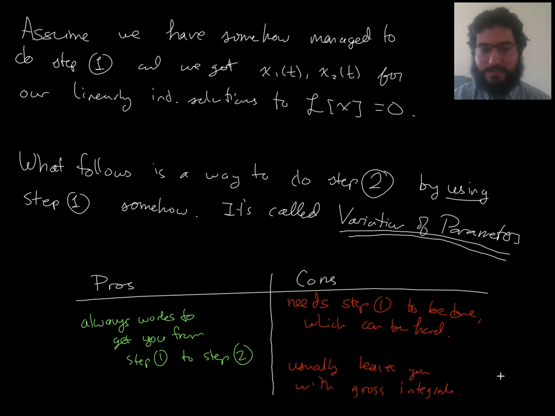Maybe you love integrals, but usually it'll give you an integral that you just have to keep in the form of an integral. So your final answer will just be the integral of this function, whatever it is. I don't know of any simpler way to write it. So that's usually where you end up, which is sometimes unsatisfying, but also sometimes perfectly fine, and definitely good, right? It's at least getting you to a solution, even though you haven't written it in the simplest form that you could write it.